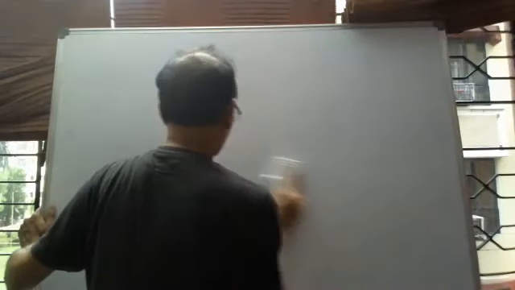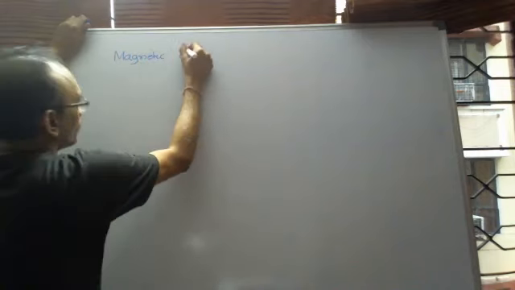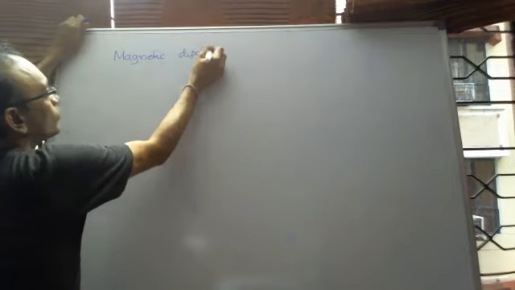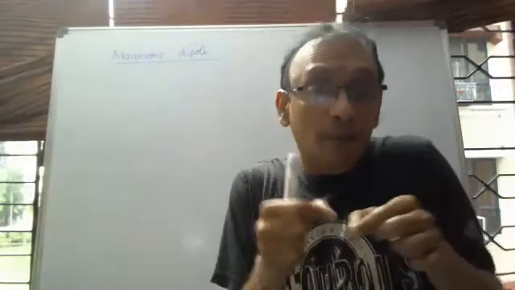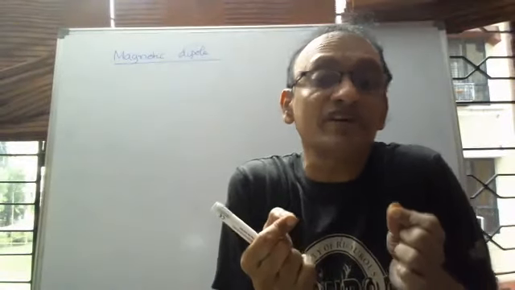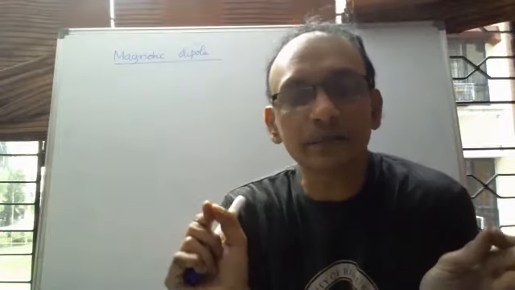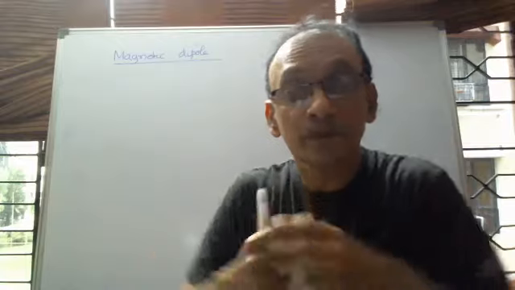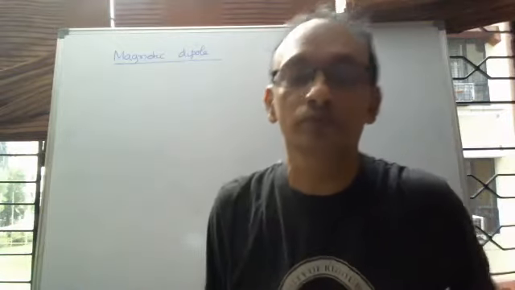Now, let me look at what I refer to as a magnetic dipole. Electrical dipole, you know? A pair of charges, equal and opposite, plus q and minus q, separated by a very small distance, right? A bar magnet can be looked upon as a magnetic dipole.